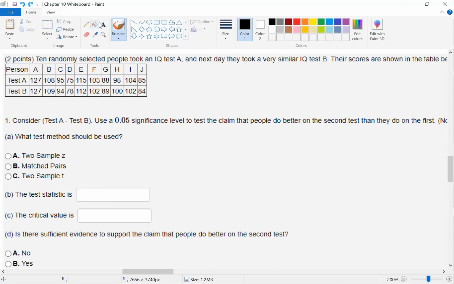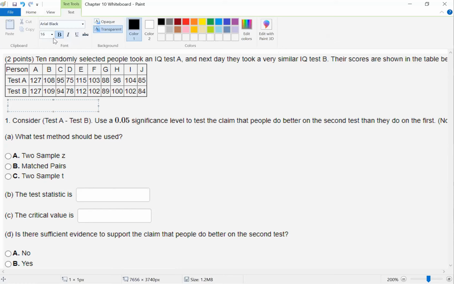So let us zoom in and go back to our tiny font size. So we have to keep the differences. It's test A minus test B: 0, -1, 1, -3, 3, 1, -1, -2, 2, and 1.